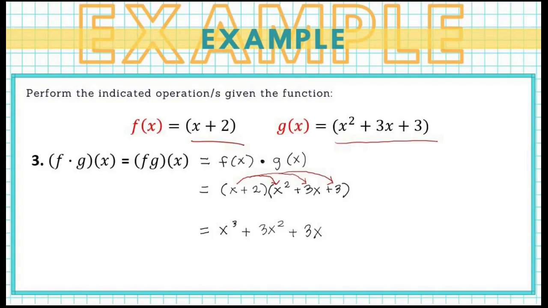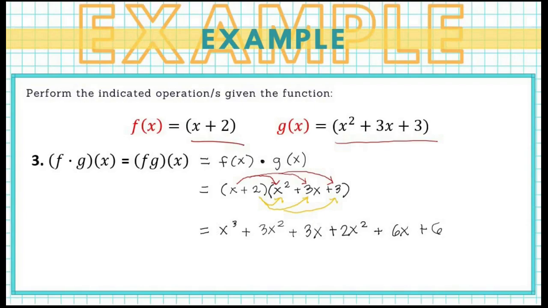Let's now multiply the second term of the first factor, 2 times x squared, then the middle term of the second factor and the last term of the second factor. So multiplying that, we will have 2 times x squared is positive 2x squared, then 2 times 3x is equal to positive 6x, and lastly 2 times 3 is simply equal to 6.